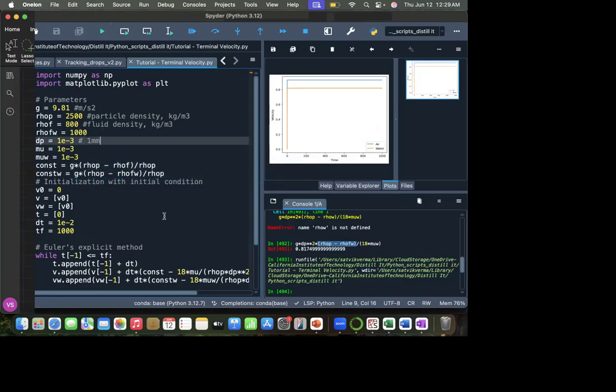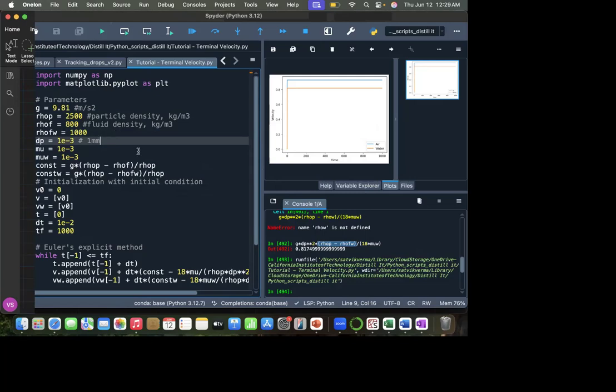So this is a very interesting problem, and I really wanted to cover this because chemical engineers often come across this concept of terminal velocity and settling, because when you deal with problems related to sedimentation, this is a very important mechanical operation. You often are interested in the terminal velocity of a particle that you are trying to settle.